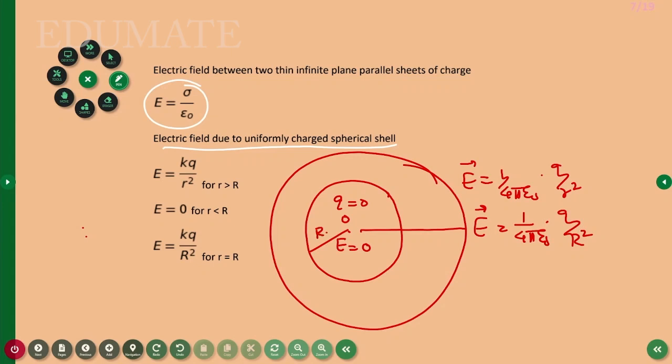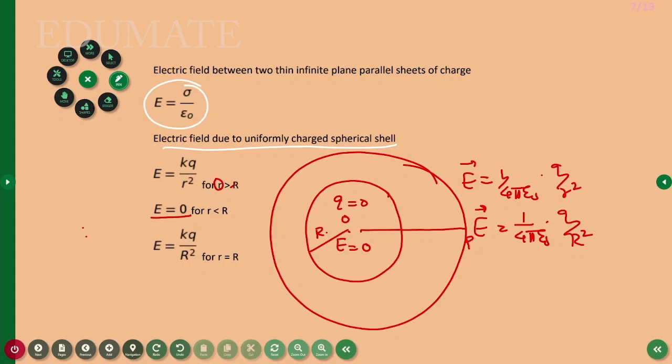That is given in your pages. Here E is equal to KQ by r square for r greater than capital R, where small r is the distance to the point P situated outside the sphere. For r less than capital R, the distance is less than the radius, there is no platform, Q is 0, therefore E is equal to 0.